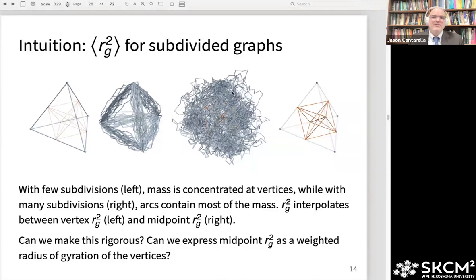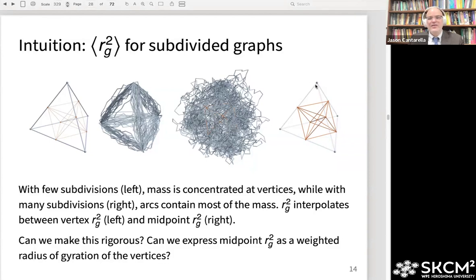So it's as if the mass of the polymer was actually concentrated at the midpoints of the edges and not at the ends of the edges. So as the number of subdivisions increases, we should really be measuring something much more like the radius of gyration of the midpoints instead of the radius of gyration of the vertices.